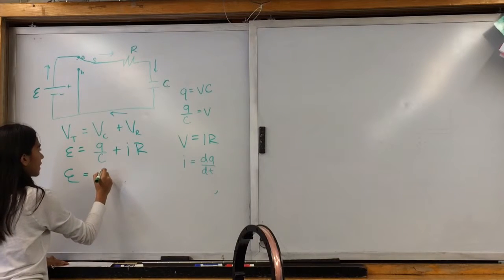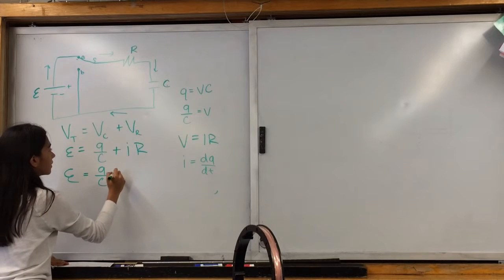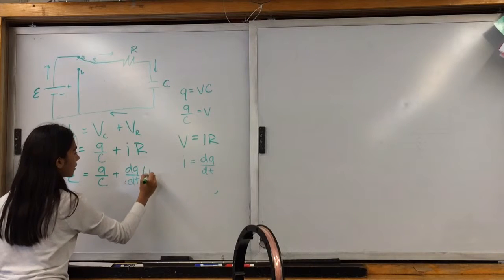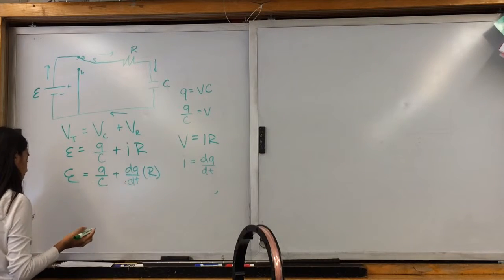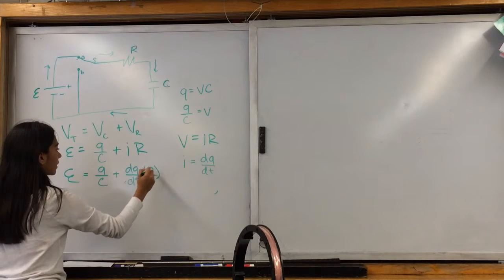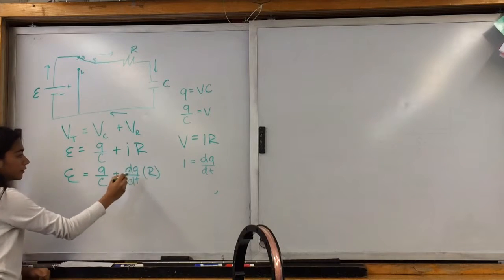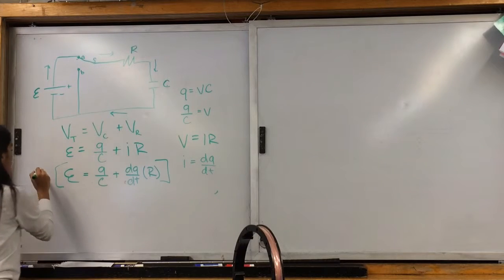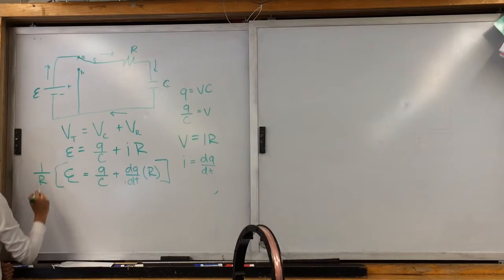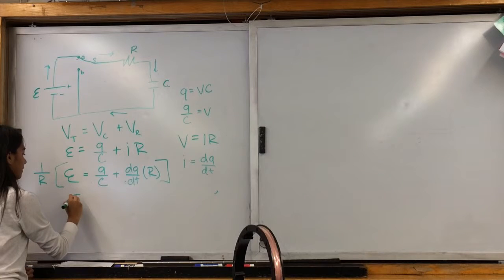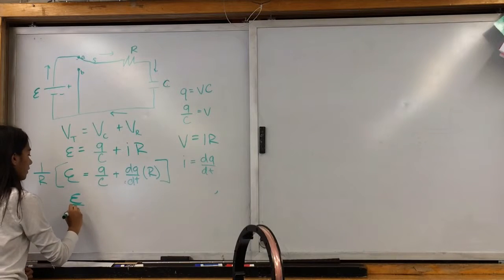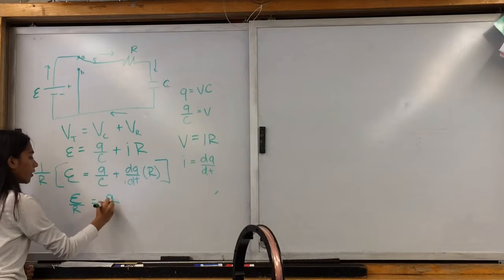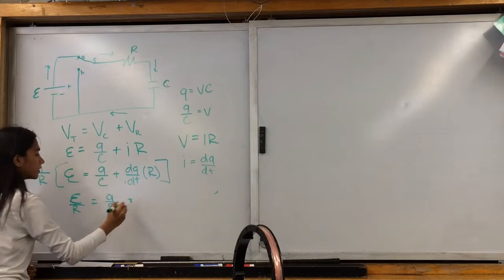So we replace I with dq over dt times R. And we want to make dq over dt alone, so we multiply the whole thing by 1 over R, and we get E over R equals Q over RC plus dq over dt.